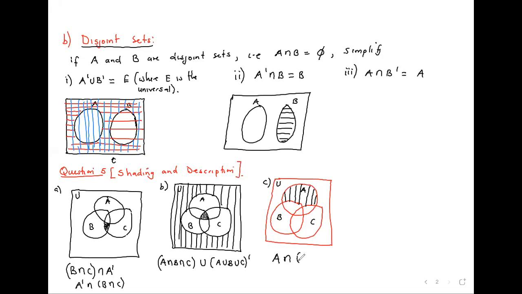Then we know that we have not touched any B, we have not touched any C. So we'll say A intersection, what is outside B plus C. So B union C, as you can see, is not touched. But then you have not gone outside these three sets. We are within A. So it will be A, what is common in A and outside of B union C.